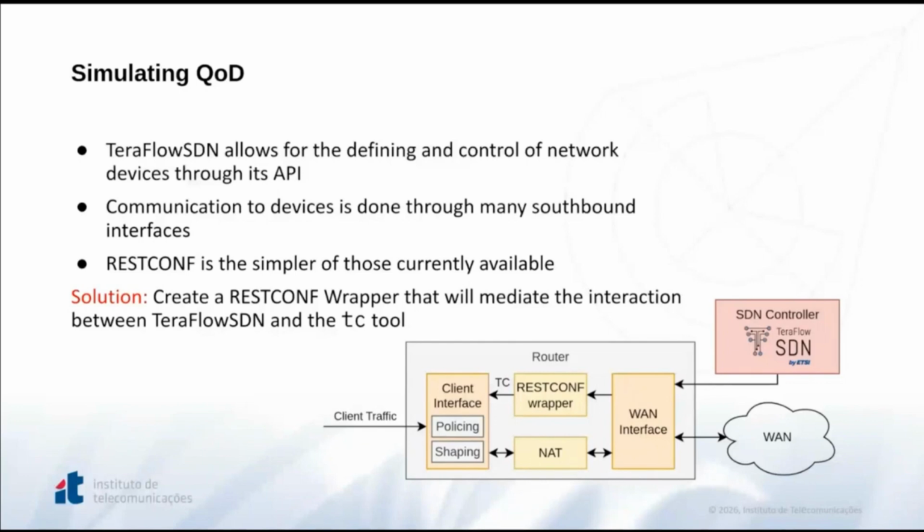And so we have our NEF emulator contact the SDN controller to apply the QoS characteristics to our Linux router. TeraFlow then contacts our Linux router through RESTCONF, and we have a small Python script that runs a simple web server that converts all of these operations to TC invocations.